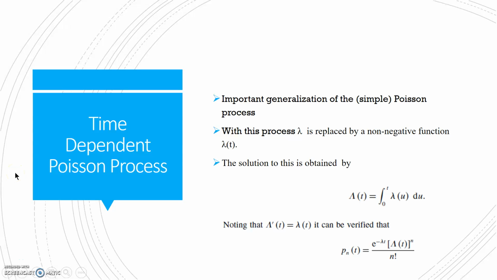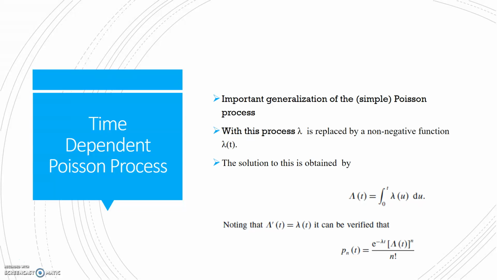Alright, so next we're going to talk about the time-dependent Poisson process. This process is an important generalization of the simple Poisson process in the previous slide. With this process, the lowercase lambda is replaced by a non-negative function, lambda of t.